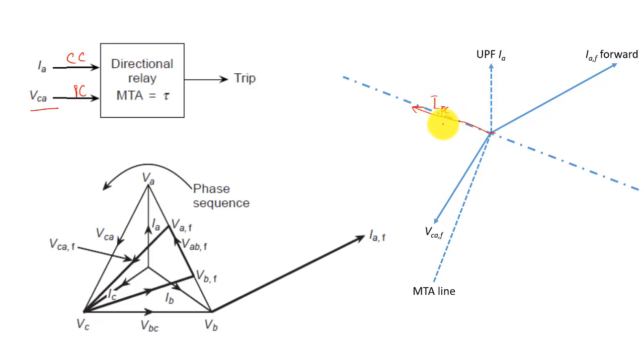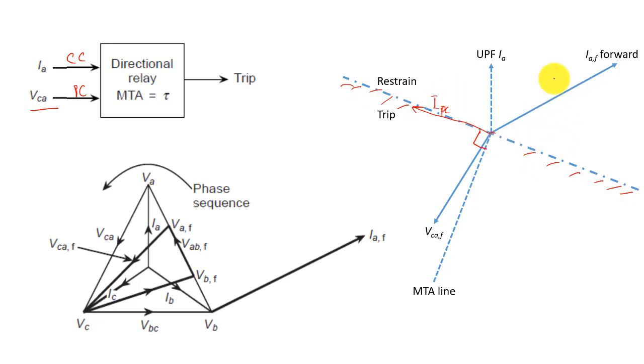So this will make an angle of 90 degrees to MTA. So this will be your MTA line. Now this will be your trip region, and this will be your restraining region.